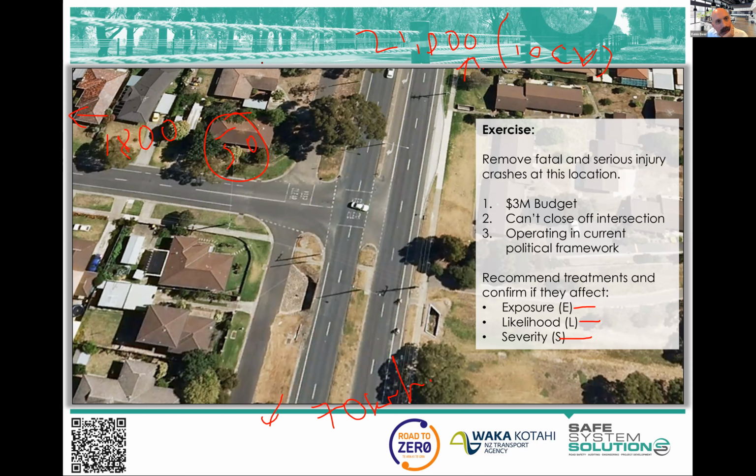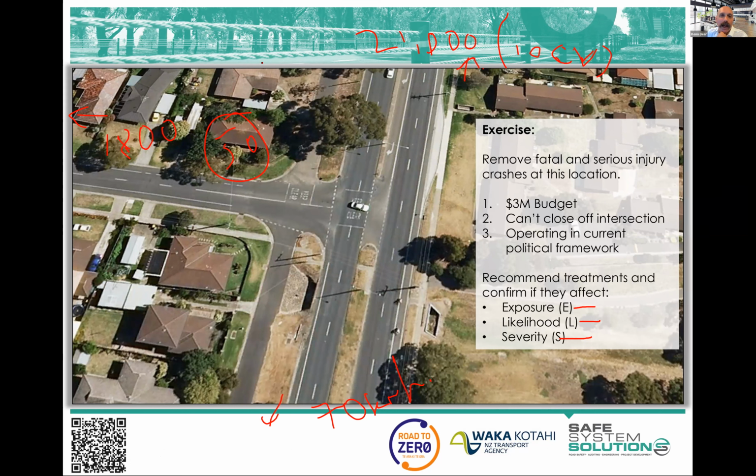Happy to answer any questions people have about the intersection or the task. As we've just had come in, how much for a roundabout with raised platforms?